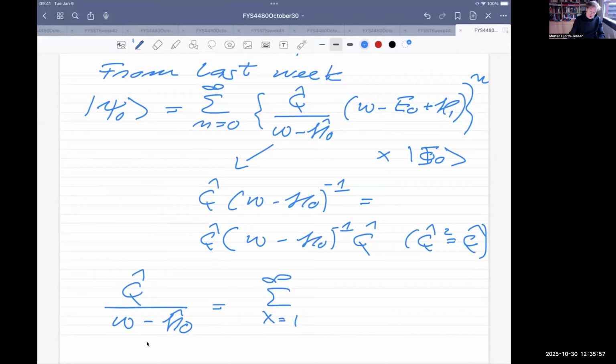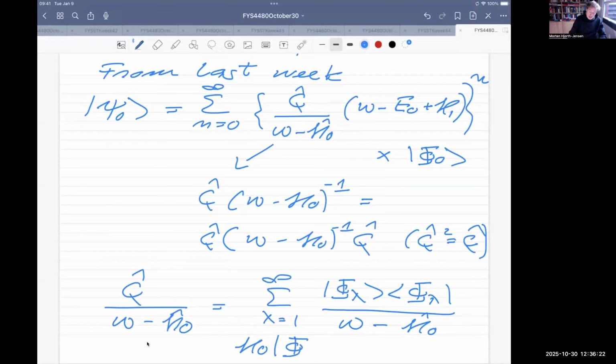So this operator which we have here is in principle the same as having these states lambda. So we are setting up the outer products of lambda divided by this omega minus H0. Now, since H0 will act on the state phi lambda, we should also keep in mind that H0 acting on phi lambda is going to give us a many-body energy for the non-interacting case, which is simply given by these eigenvalues epsilon lambda.